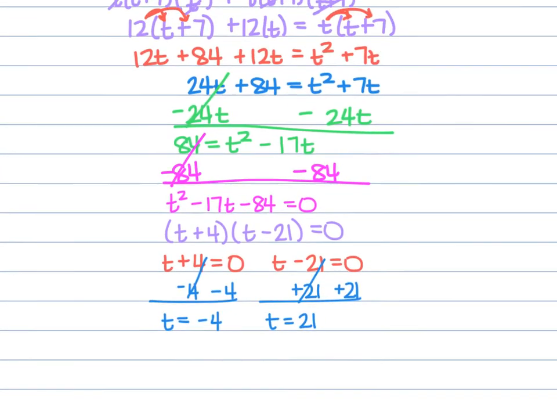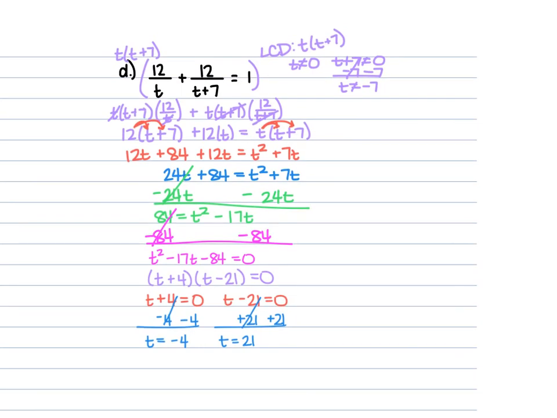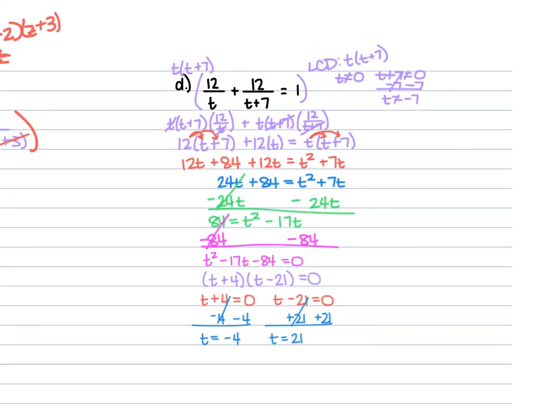Remember, look back at your least common denominator. We said that t cannot equal 0 and t cannot equal negative 7. So because those two are not negative 4 or 21, we want to check this. So with t equal to 21 and t equal to negative 4, we're going to plug those in.